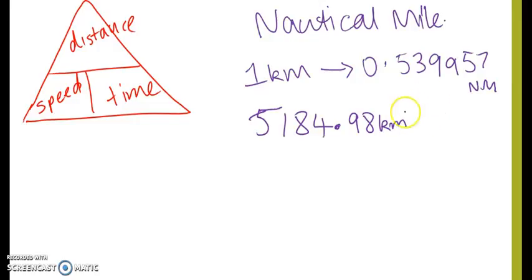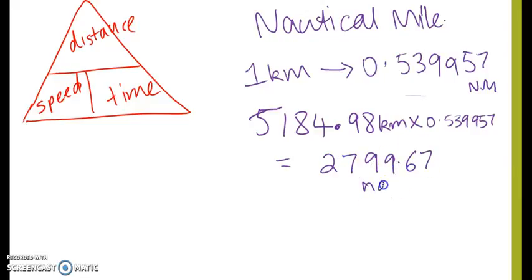To go to nautical miles, we simply multiply by 0.539957. This is to go from kilometres to nautical miles. If we pop that in our calculator, we'll find that 5,184.98 kilometres equals 2,799.67 nautical miles. Nautical miles will be regularly used when dealing with navigation, especially in oceans.